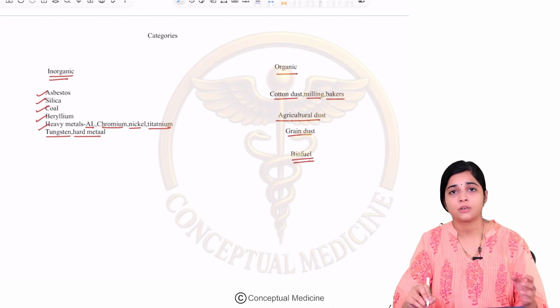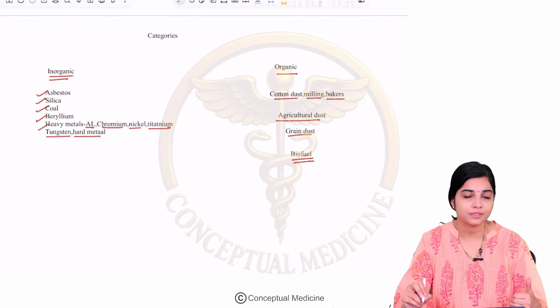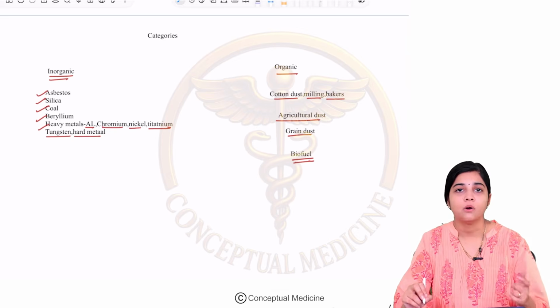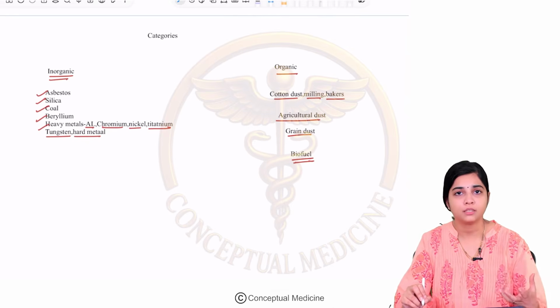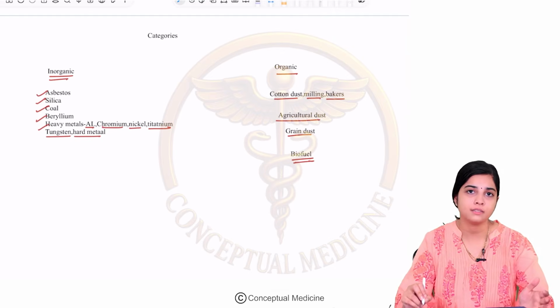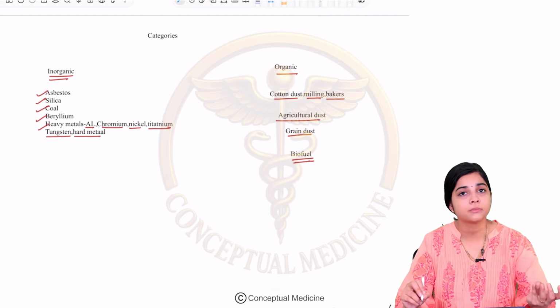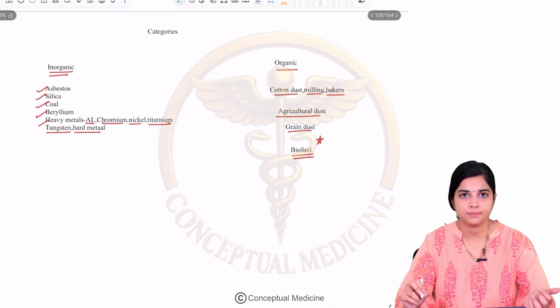Whenever you see chronic obstructive pulmonary disease, COPD, in a female patient, especially elderly females, always ask about biofuel exposure, because chronic biofuel exposure, like cow dung which they burn or similar kinds of biomass exposure, also results in COPD. So COPD in non-smokers, COPD in females, never forget your biofuel exposure.